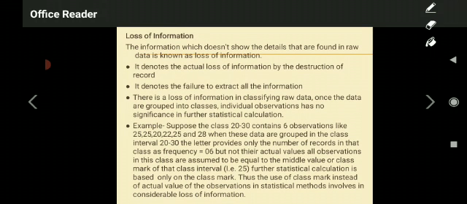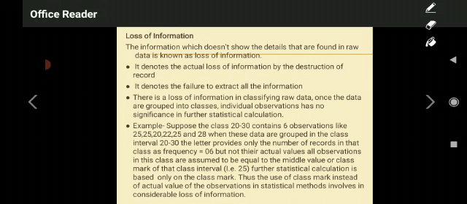Once the data is grouped into classes, if you are grouping the data into classes like 10 to 20, 20 to 30, 30 to 40, 40 to 50 like that, individual observations has no significance in further statistical calculation. When you are going for further calculation, these individual observations, individual frequencies are not taken into account.